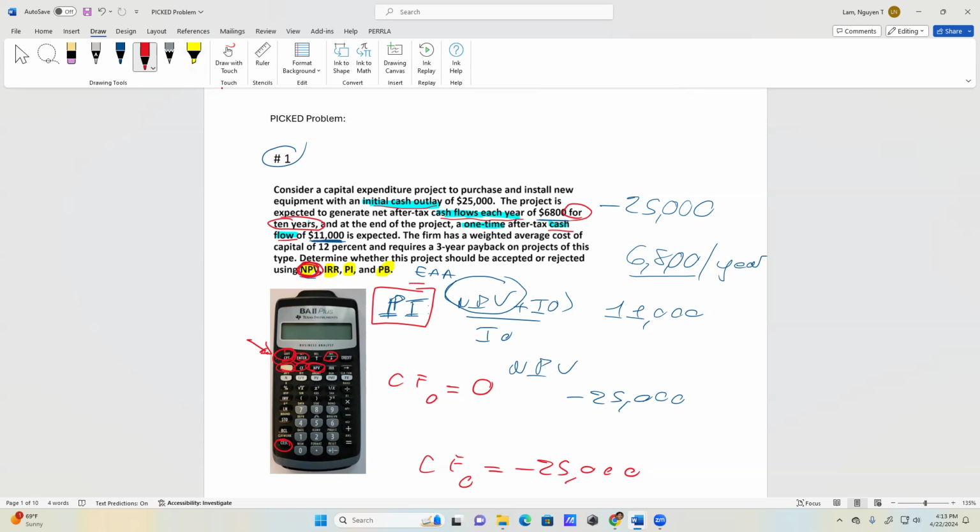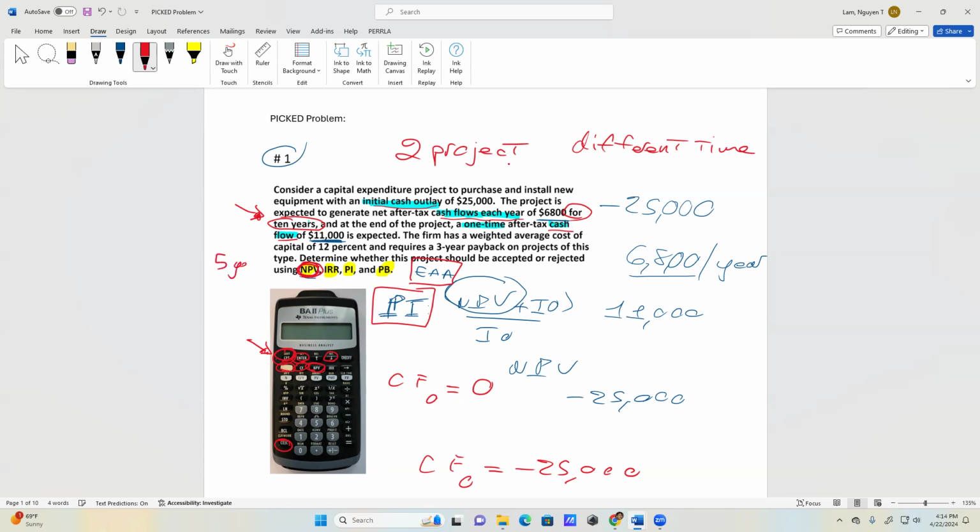If you are talking about the EAA, then that's when you're facing a problem that gives you 2 projects with different lives, with different timelines. What I mean by different timeline is that in this problem it's saying 10 years, right? So let's say another problem gives you 5 years instead of 10.